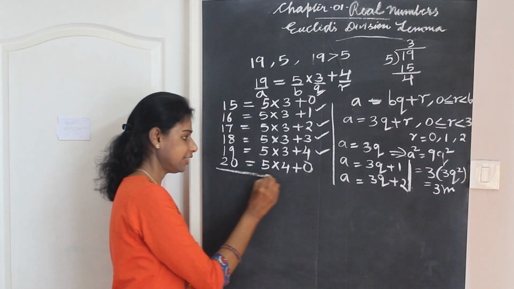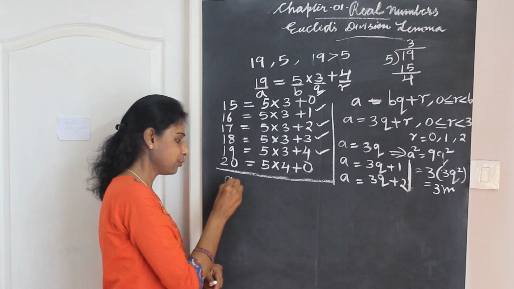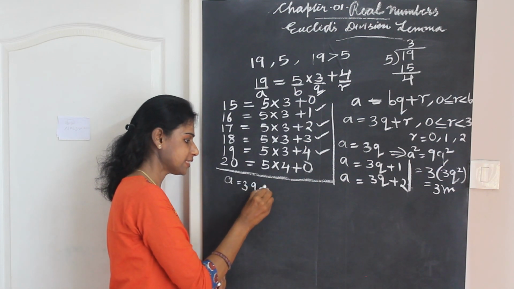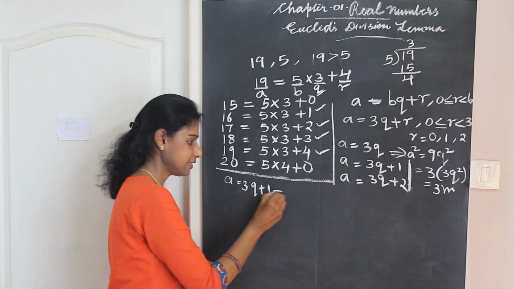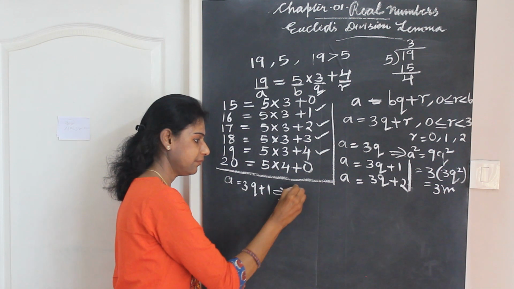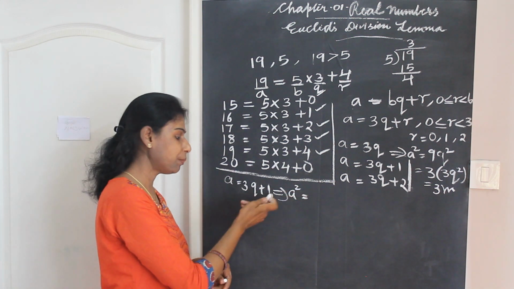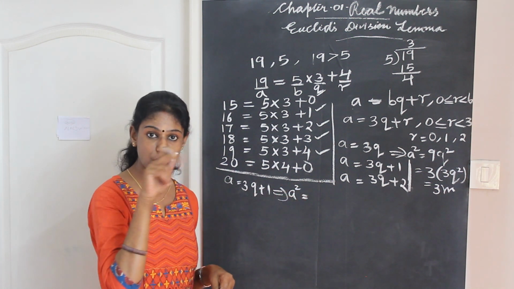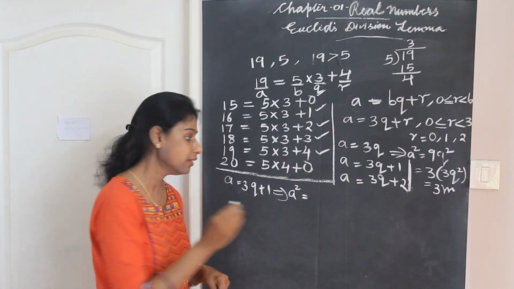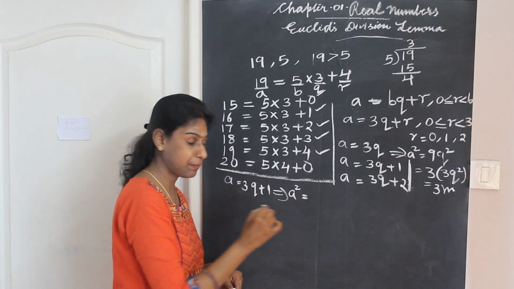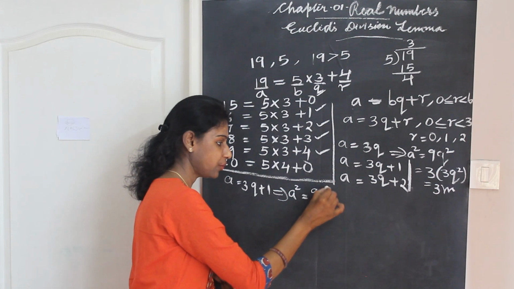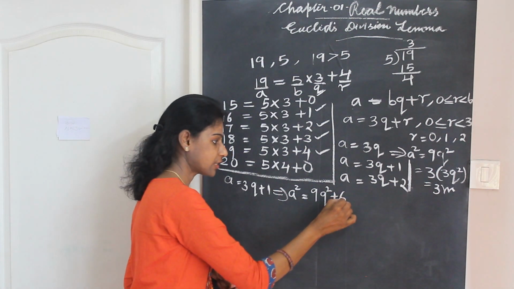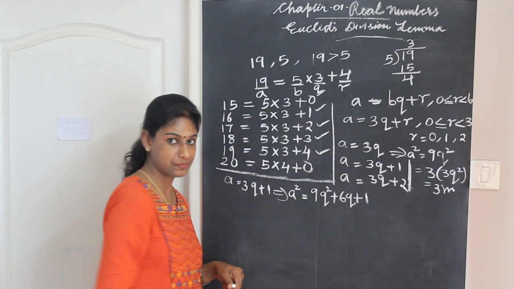So if we take a is equal to 3q plus 1, that means a square will be equal to 3q plus 1 the whole square. 3q plus 1 the whole square means a plus b whole square format. So a square plus 2ab plus b square, that is 9q square plus 6q plus 1.